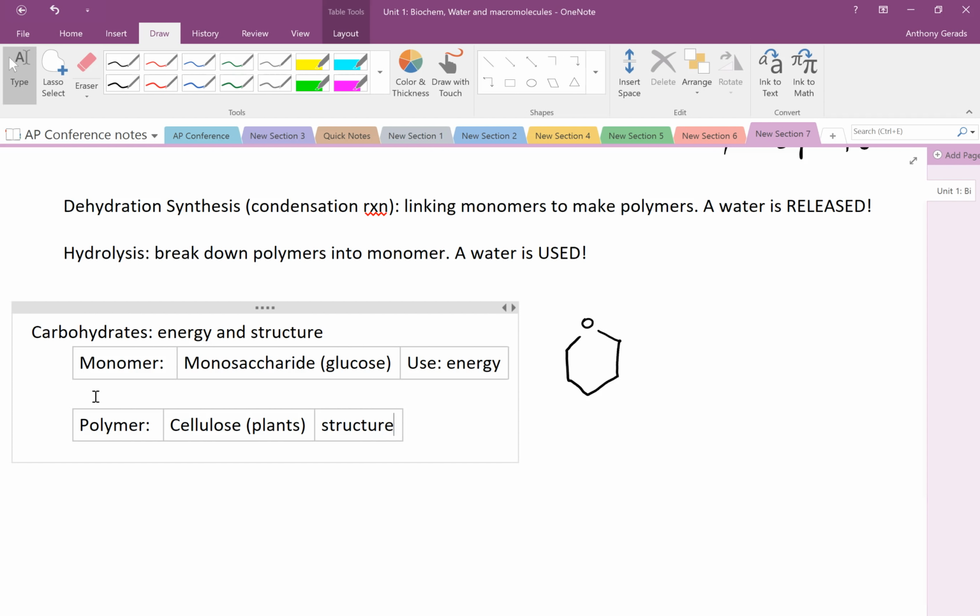We eat cellulose all the time. Some of us try to have more than others. Any clue what cellulose is? It's on every one of your nutrition labels. It's fiber. Cellulose is fiber. We cannot digest it. That's why it's like a toothbrush for your digestive system, because it helps stuff go through.